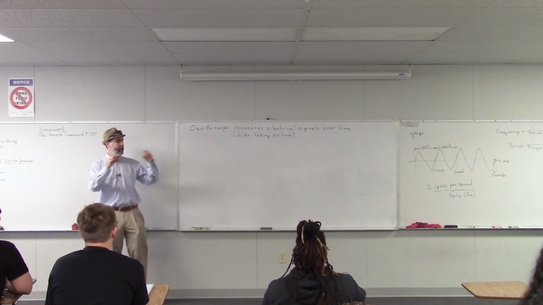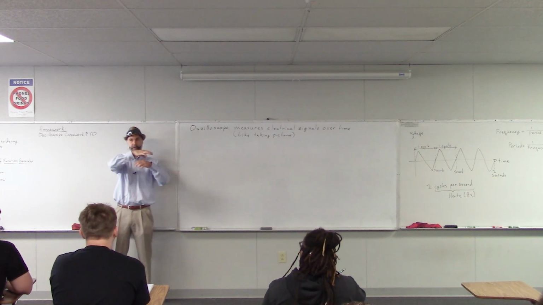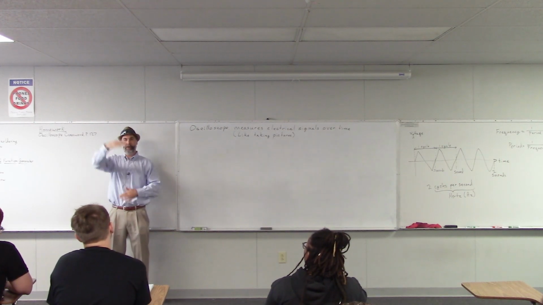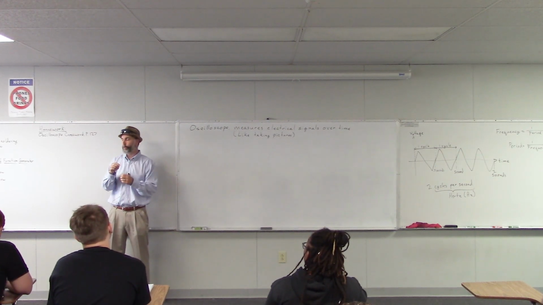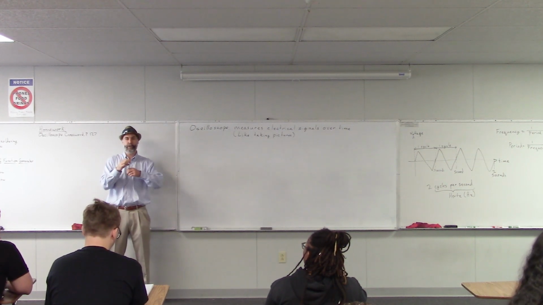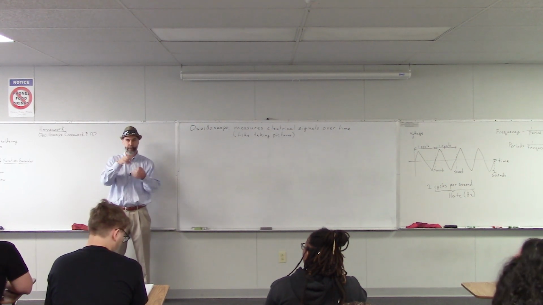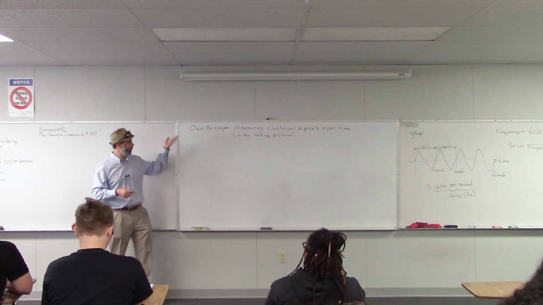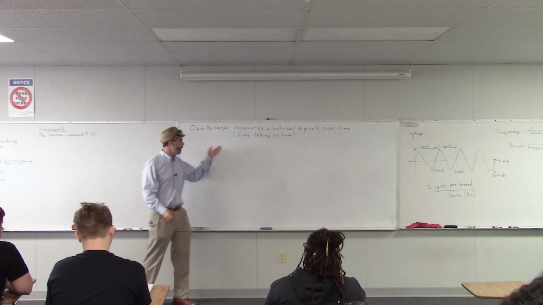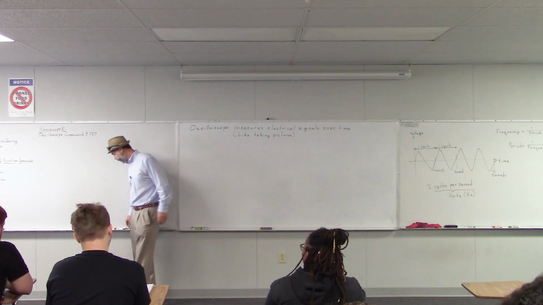When you zoom out, your signal might look kind of small so that you can fit a lot of it on the screen. When you zoom in, it looks much bigger and you can see it in much more detail. But you didn't change the signal itself. You're just changing the way you're looking at it, like zooming in with a camera. Okay? So that's why I think about the oscilloscope like a camera for taking pictures of electrical signals.